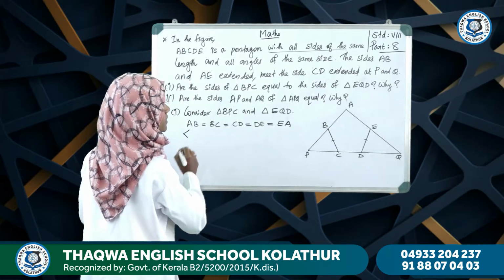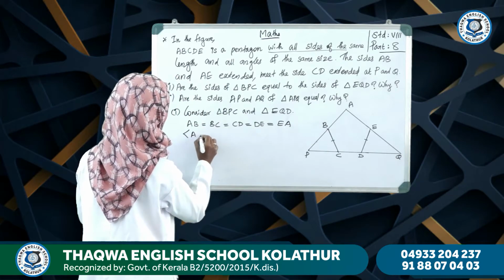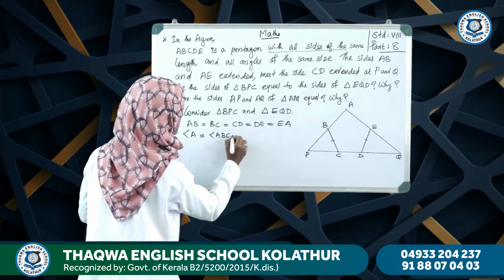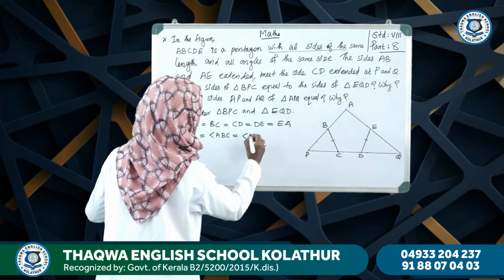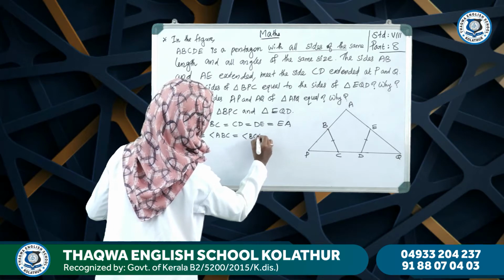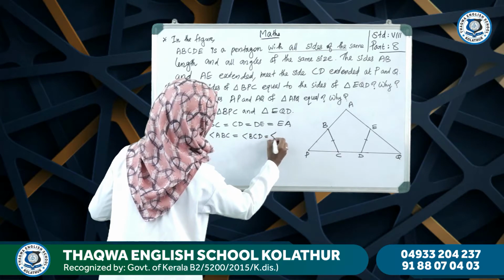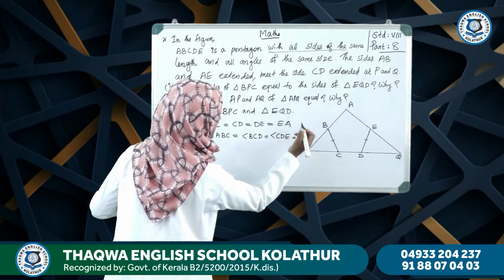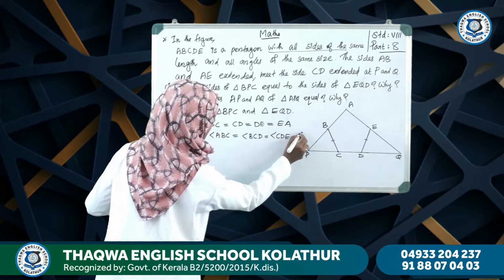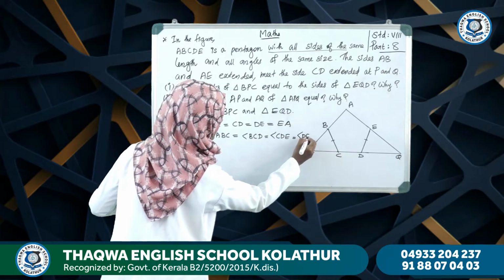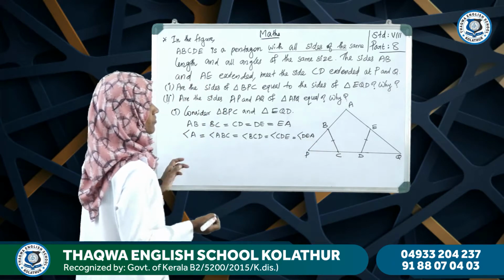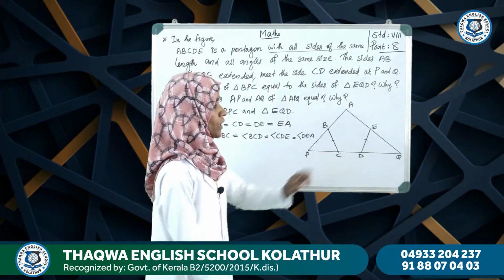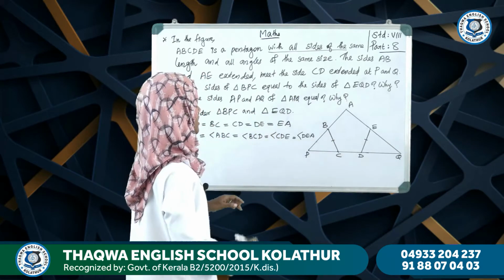And angles, angle A equals angle ABC equals angle BCD equals angle CDE equals angle DEA. That is, all angles of the pentagon are equal. These two are the given conditions.